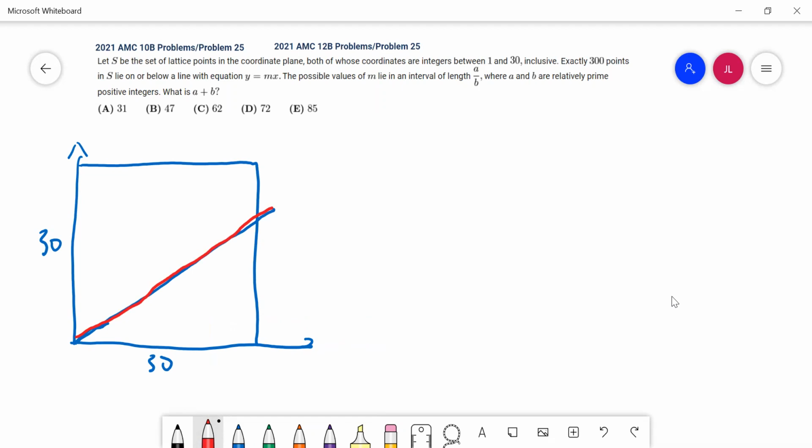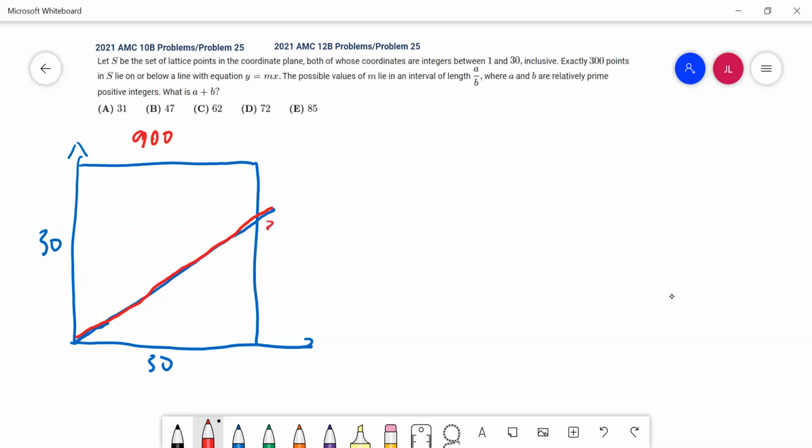Right. So since there's a total of 30 by 30, there are 900 points. Also, there are roughly 900 square units in this area. So we can estimate the area under this line is about 300 units, because there are 300 points.